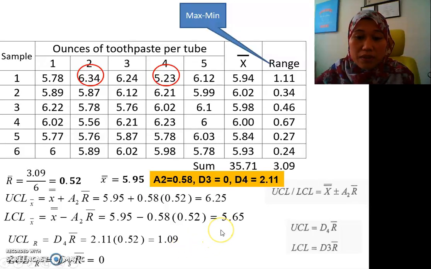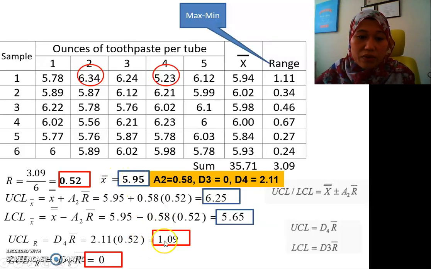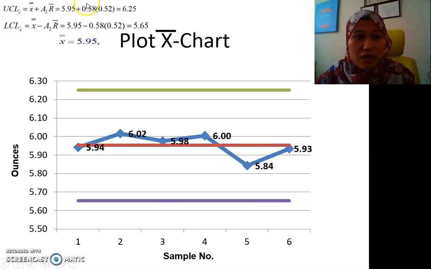Now we have all the information. First we develop the X bar chart, in which we have the upper control limit, the lower control limit, and the central control limit, which is X bar. For the R chart, we likewise have the upper control limit, the lower control limit, and the central control limit. For the X bar chart, remember this is the calculation we did earlier. First you need to set the scale, since we need to know the upper control limit, the lower control limit, and the X bar.